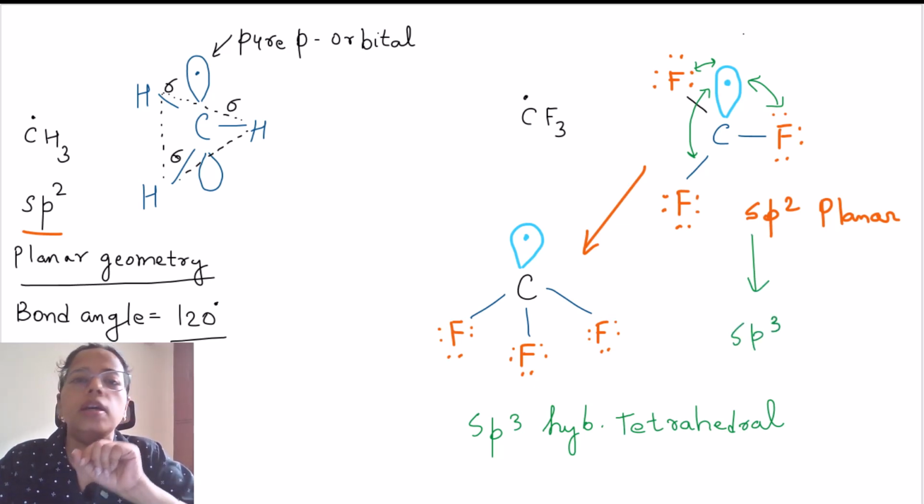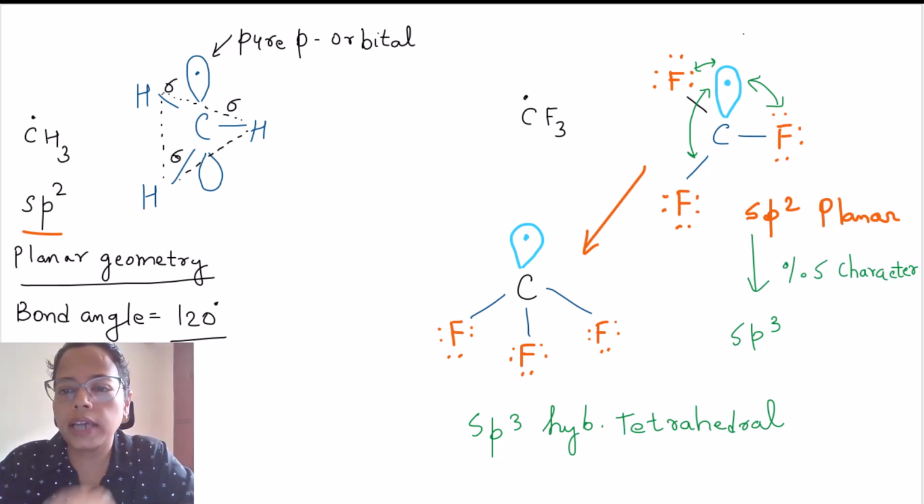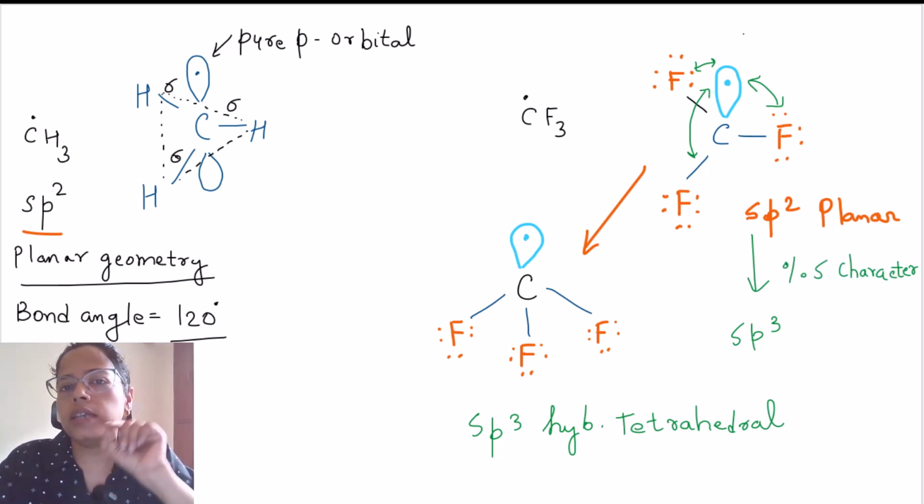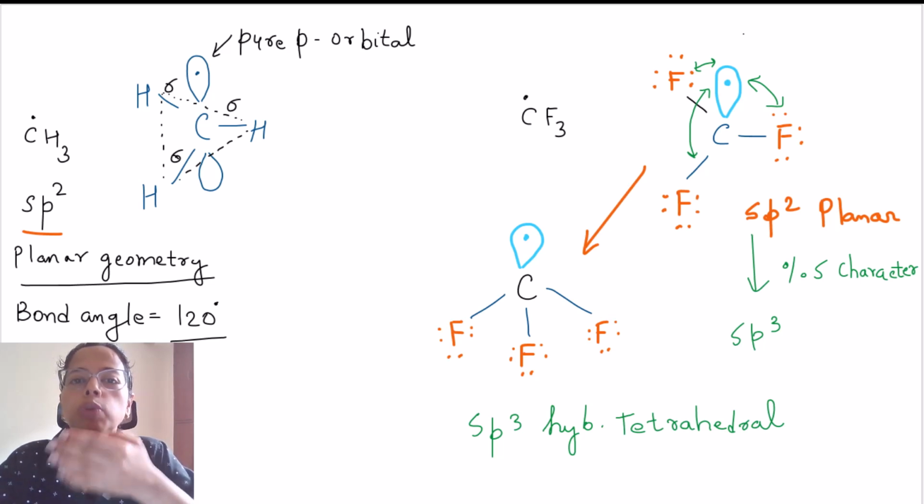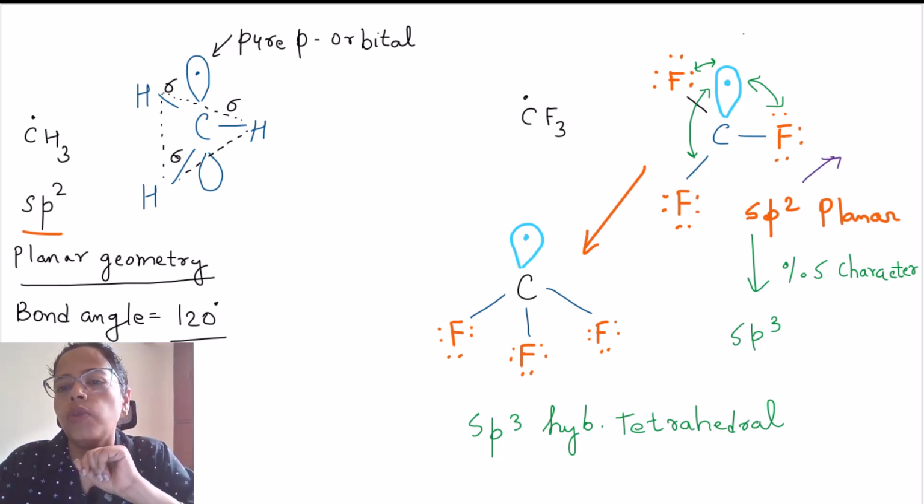Together with this, you have to understand that due to this change in hybridization from sp2 to sp3, here comes the effect of percentage s character. As we progress from sp2 to sp3, the percentage s character is reduced. So what percentage s character does sp2 have? One s orbital and 2 p orbitals combine to form the sp2 hybridized orbitals.